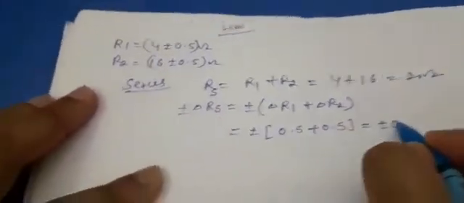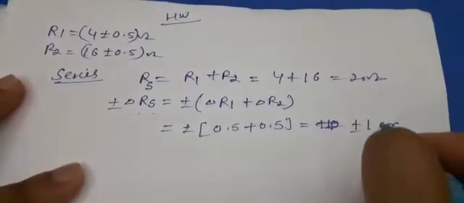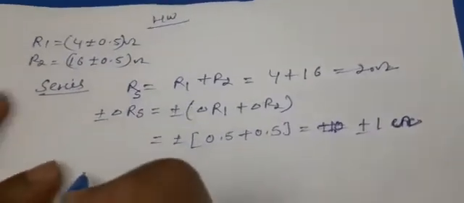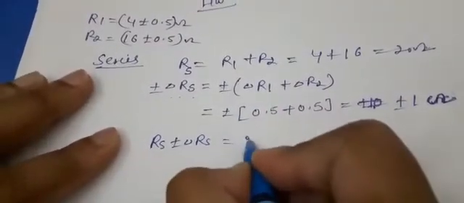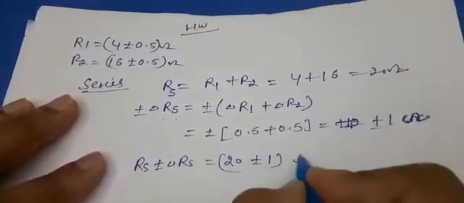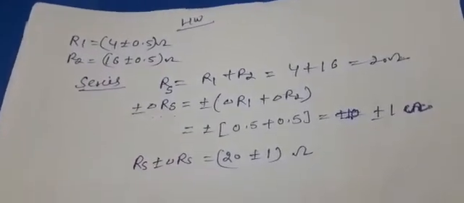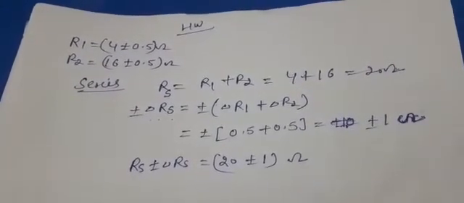This will be equal to 1 ohm. Because we are taking resistance, it is 1 ohm. So RS with error limits is 20 plus minus 1 ohm. See, here in the statement we have been asked to find resistance with limit of percentage error.